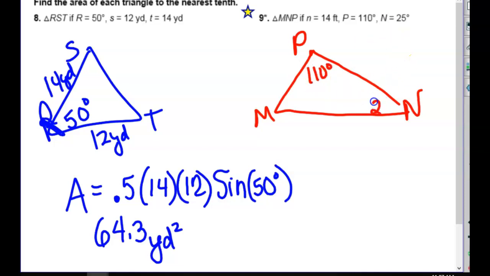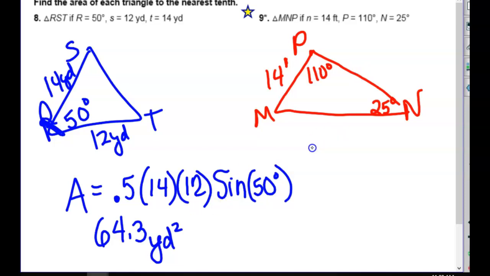Angle N is 25 degrees, and side N is 14 feet. Okay. I can't do either of the two things we just learned for area. We could certainly find another side and then use the sine formula.